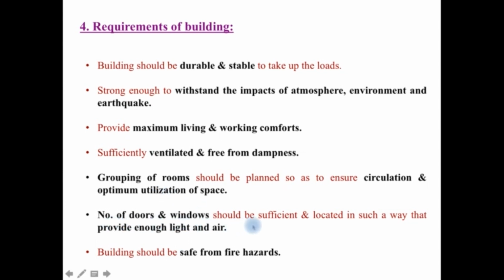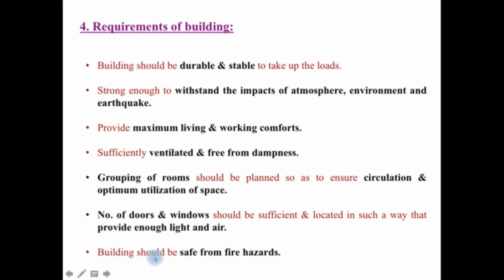The number of doors and windows should be sufficient and located in such a way that they provide enough light and air. Windows allow light and wind to enter, and doors, along with providing access through different walls, also act as a source of ventilation.